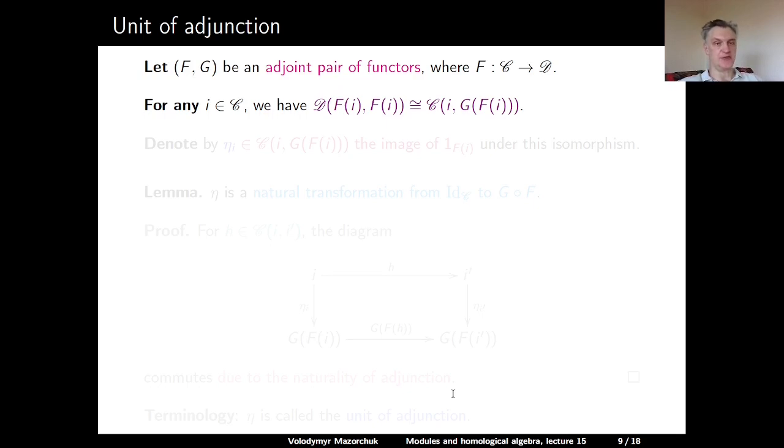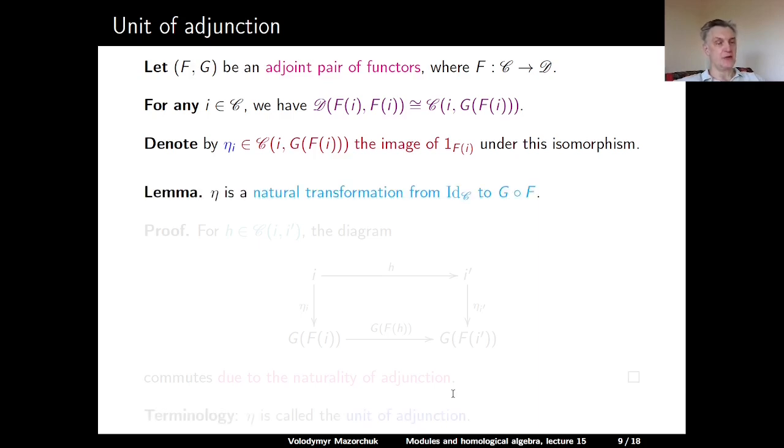That's just a definition of adjunction. So let us denote by eta_I the image of the identity on F(I) in the set of all morphisms in C from I to G(F(I)) under this isomorphism.